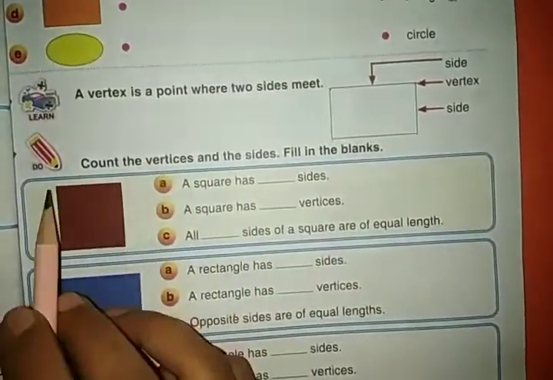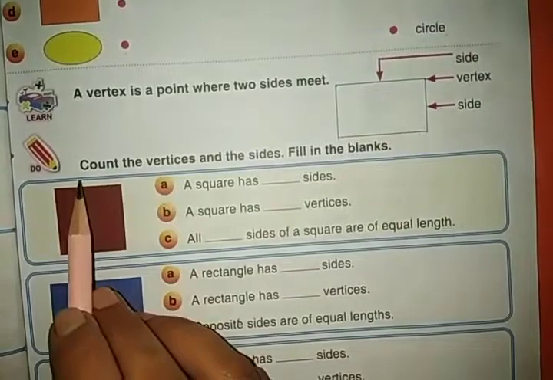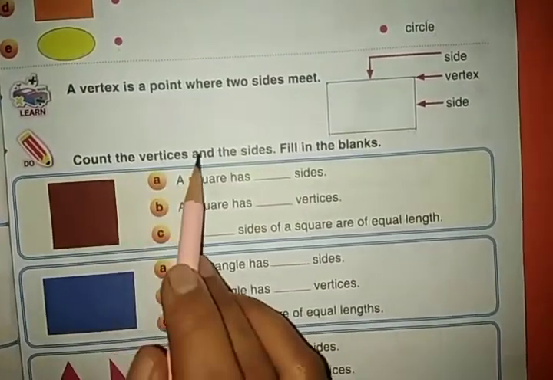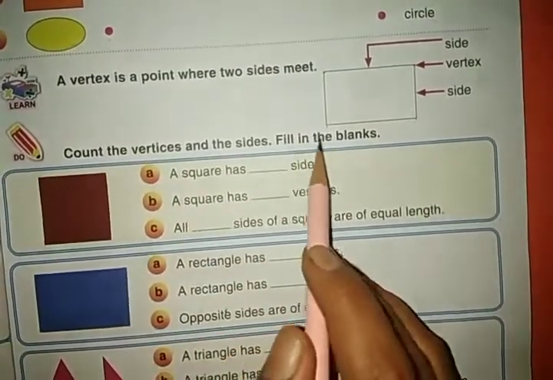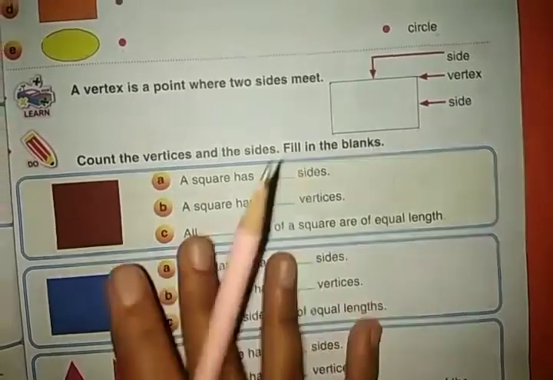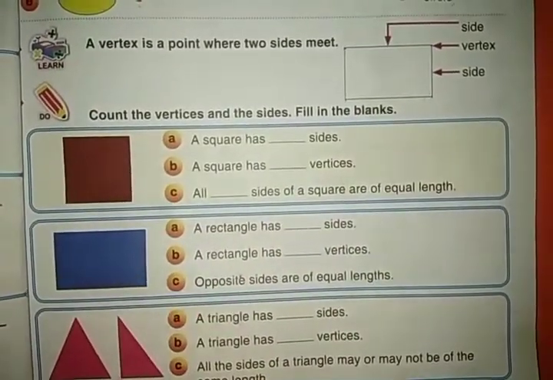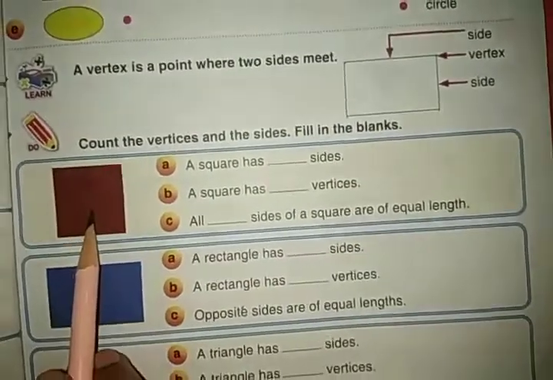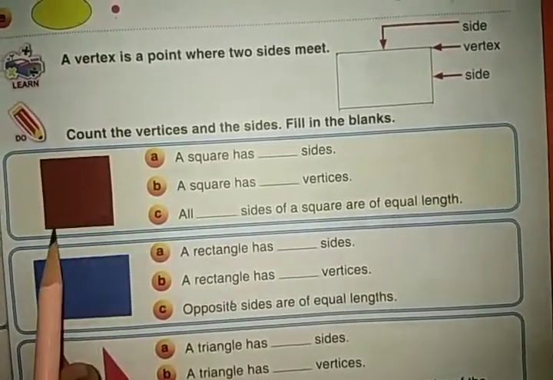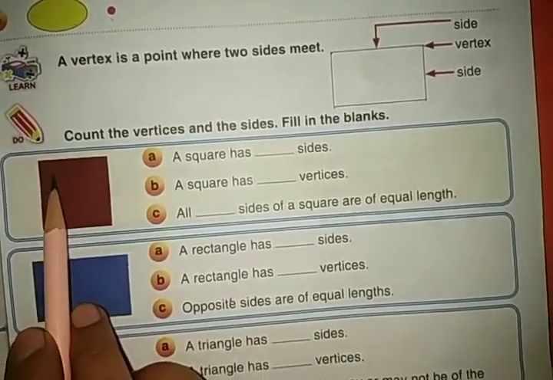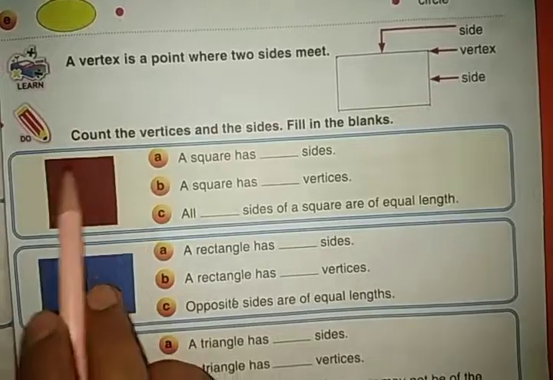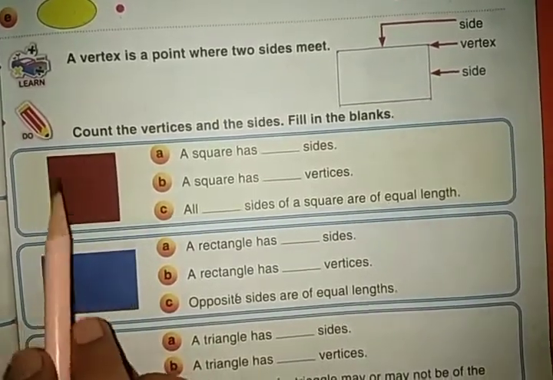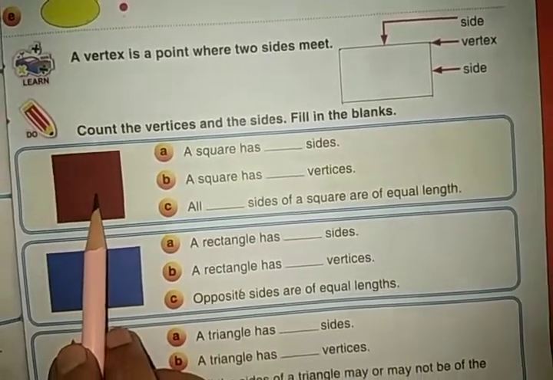Yes, now in the second exercise, they have given you to solve, count the vertices and the sides, fill in the blanks. Okay, here they have given the shapes. Yes, can you tell which shape is this? This is square. Yes, this is square, and all the four sides of square are equal in length.